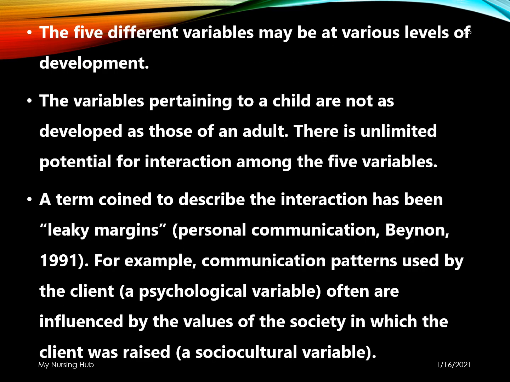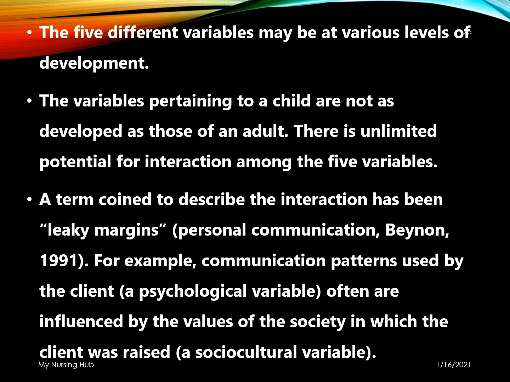Neuman says the 5 different variables may be at various levels of development. The variables pertaining to a child are not as developed as those of an adult. There is unlimited potential for interaction among the 5 variables. A term coined to describe the interaction has been leaky margins, that is personal communication. For example, communication patterns.